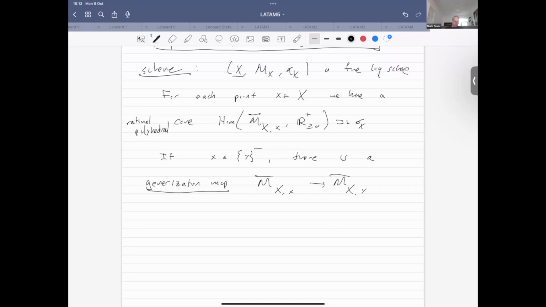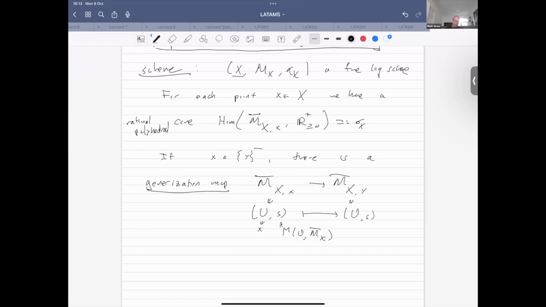And what is this map? Well, an element of the stalk is just a germ of an element of M bar_X. So U is a neighborhood of x, and s is a section of M bar_X over U. Now that gets mapped to the same thing.